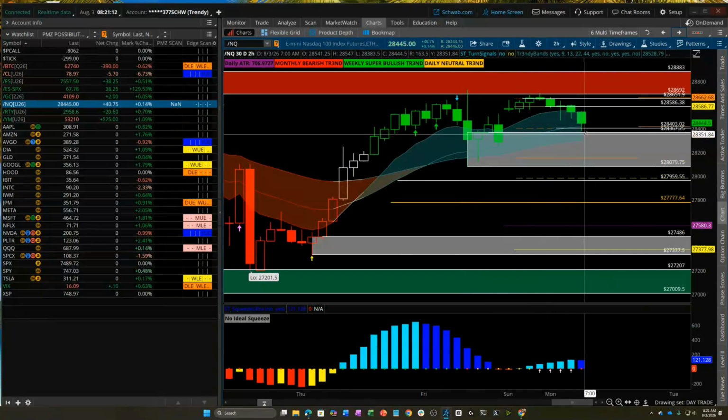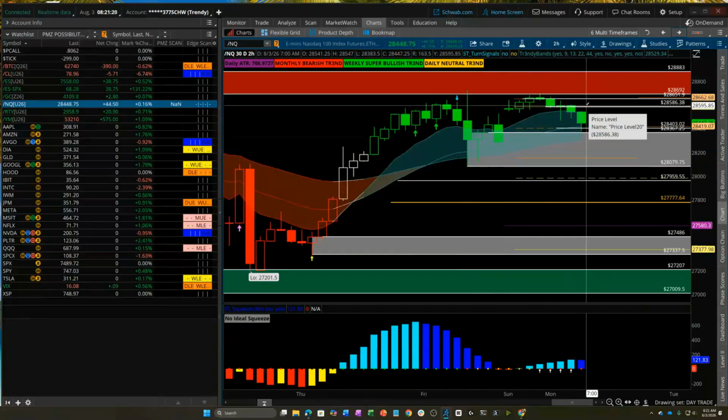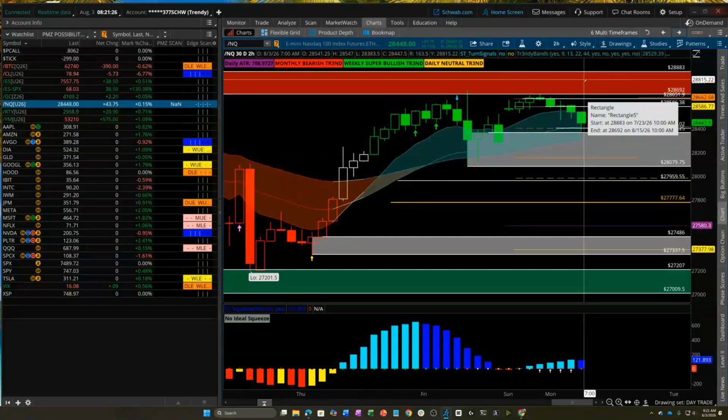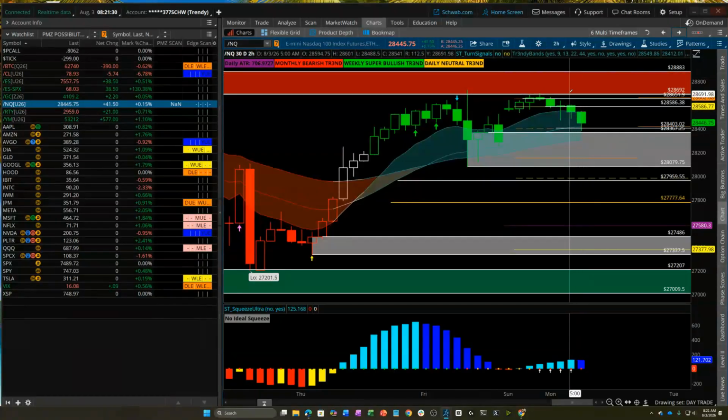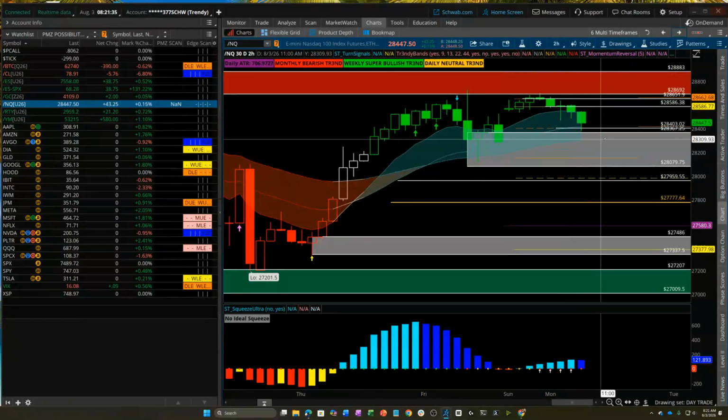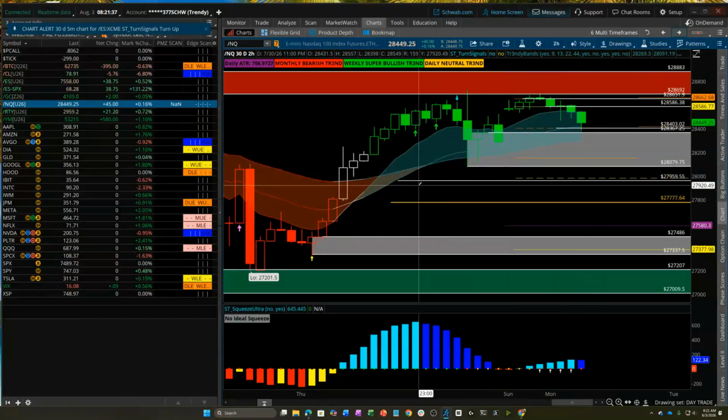And now it looks like this morning we came very close to touching it, and we are getting a little bit of a bounce here. A bounce back up to 28,586, 28,651, and finally 28,692 to 28,886.3 are the areas to target back to the upside from this initial buy zone.